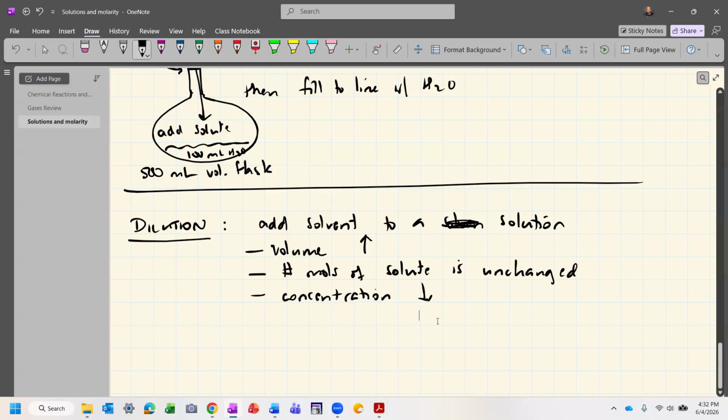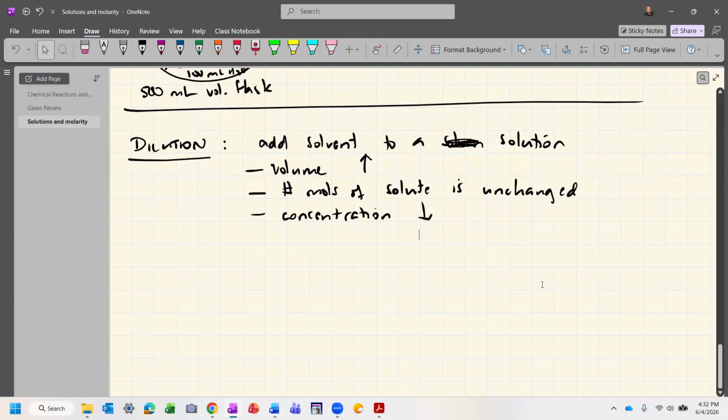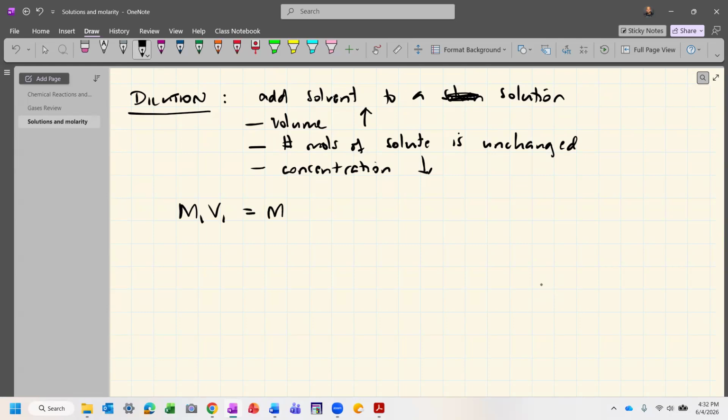Okay, so that's literally what happens when you dilute something. You add more solvent to it, volume increases, concentration decreases. So we can mathematically express the dilution process by an equation, which goes like this: M1V1 equals M2V2.